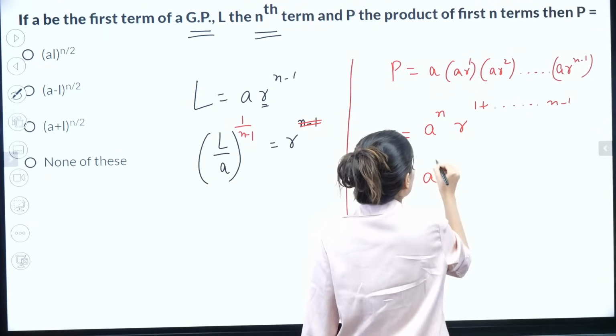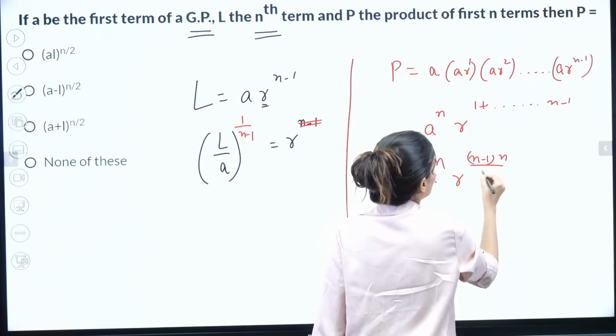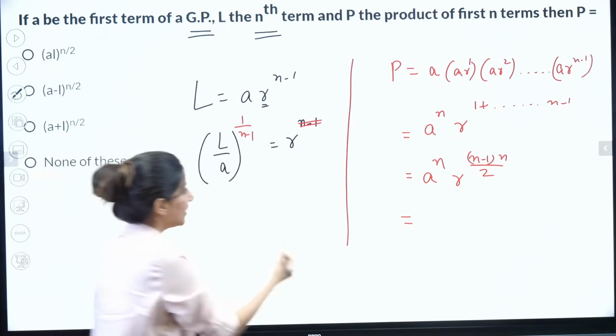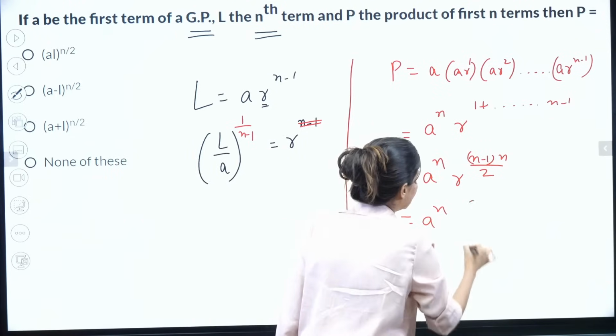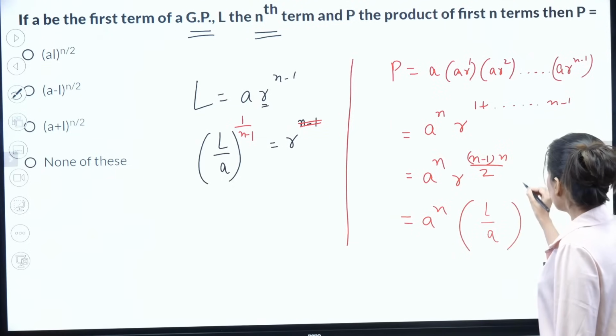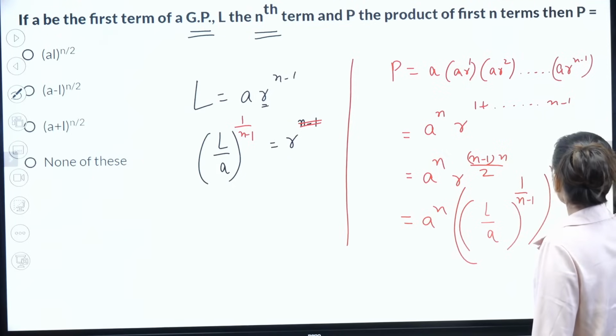So A raised to power n, r raised to power n minus 1, n upon 2. Now we can plug in the value of r which we have calculated. So A raised to power n is already here and r is nothing but L upon A, 1 upon n minus 1, and n minus 1 by 2.